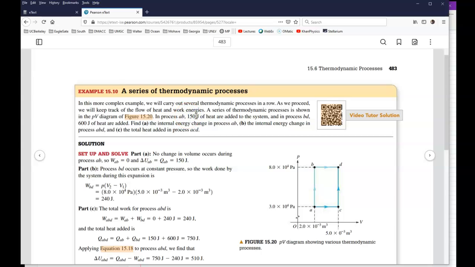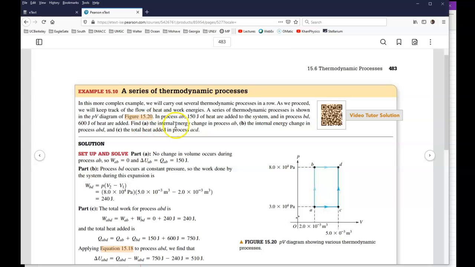That's Q, because it says heat added. Remember, there are three variables here: delta U, internal energy, Q, and W. W is work, internal energy is U. This one is heat added, so that makes it a Q. And in process BD, in light blue, he said 600 joules of heat is added. So that's another Q.